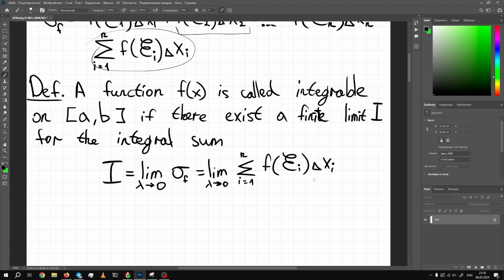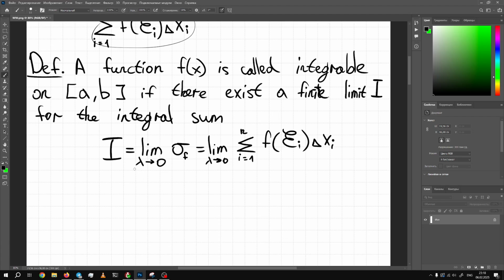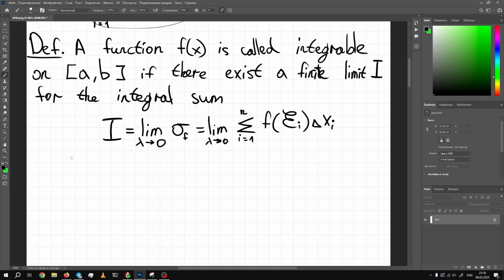You might ask me, what is lambda? Let me complete my explanation. Lambda is a mesh. It's the mesh of the partition tau.